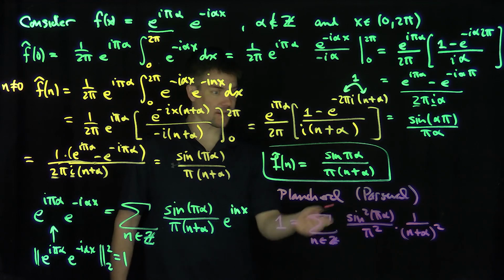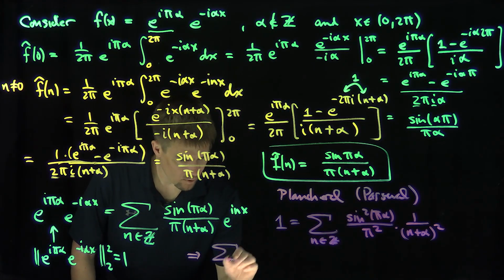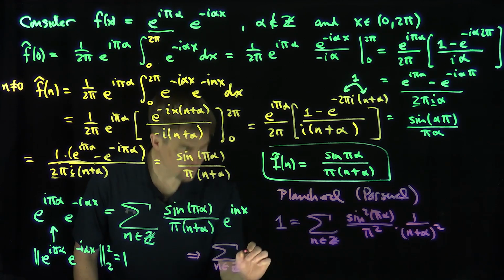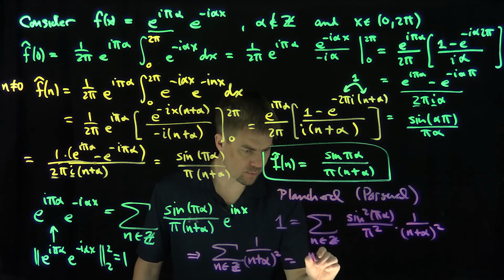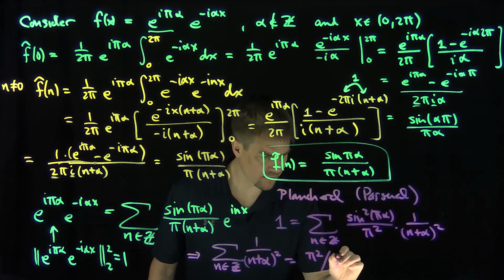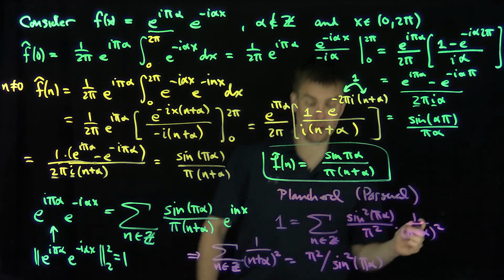And so in particular, this is a constant; it does not depend on n. So we can conclude that the sum over n in Z of 1 over (n plus alpha) squared is equal to pi squared over the sine squared of pi alpha, for alpha not an integer.